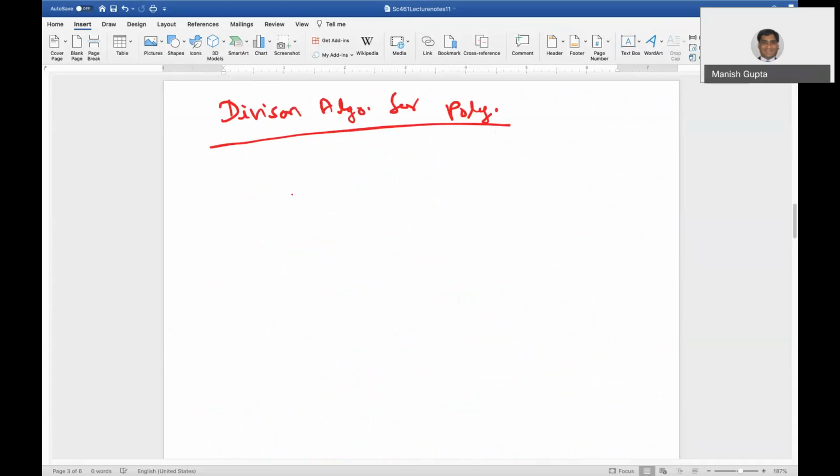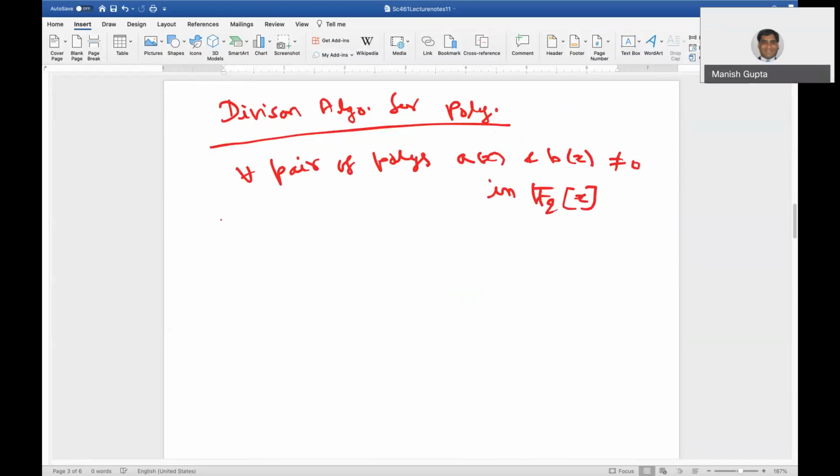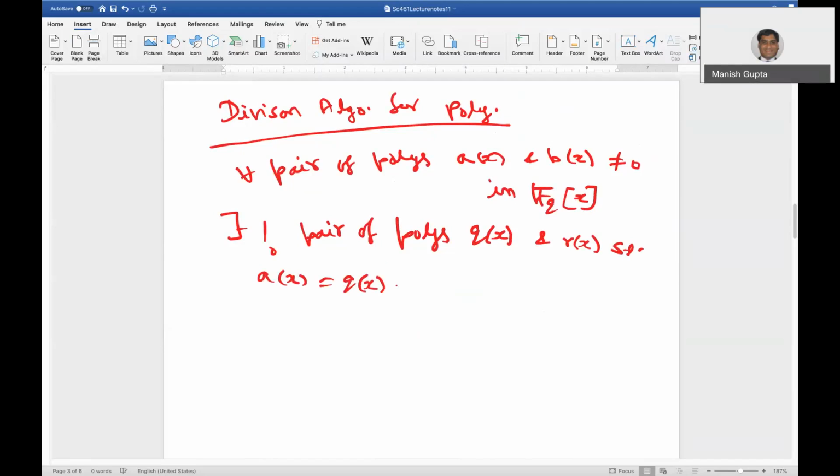Just like integers, we have that for every pair of polynomials a(x) and b(x), where b(x) is not equal to 0, in F_q[x], our polynomial ring, there exists a unique pair of polynomials q(x), the quotient polynomial, and r(x), the remainder polynomial, such that a(x) can be written as q(x) times b(x) plus r(x).